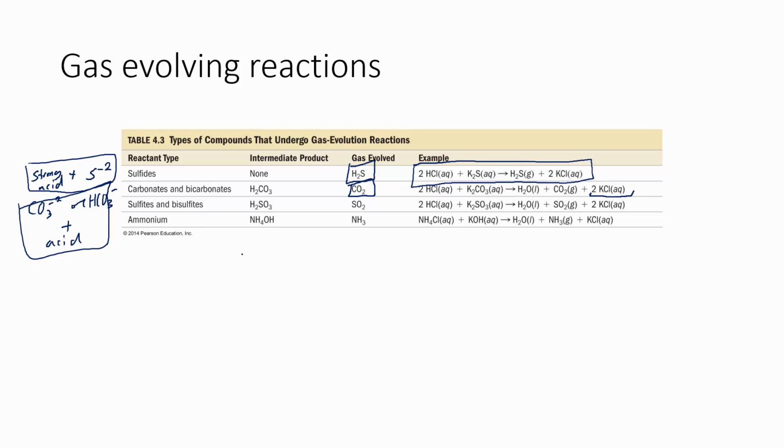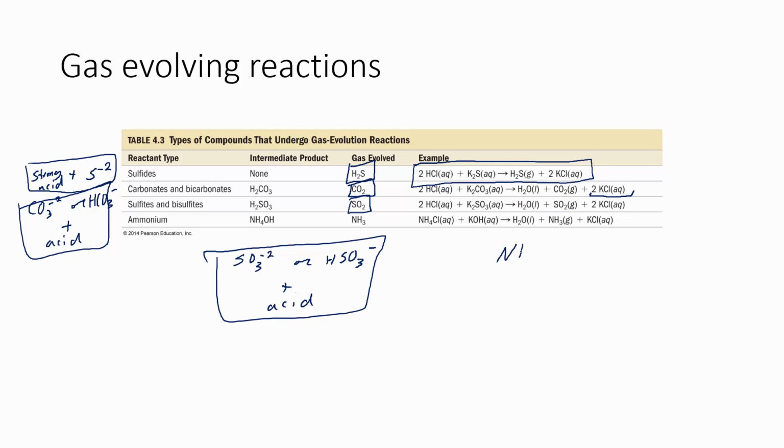Sulfites and bisulfites, so SO3 2- or HSO3-. Add this to an acid, and what I get is SO2, sulfur dioxide gas. The reaction will look exactly like the carbonate bicarbonate one, except instead of CO2, we have SO2.